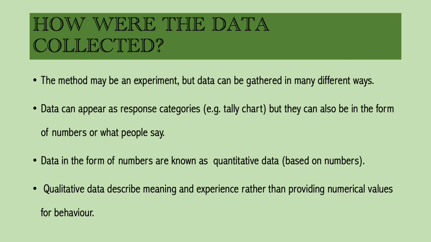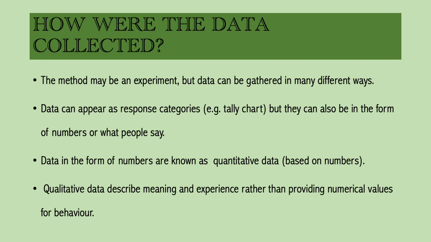Data can appear as response categories, like in a chart, but they can also be in the form of numbers or what people say. Data in the form of numbers are known as quantitative data. And qualitative data would be data that describes meaning and experience rather than providing numerical values for behavior.